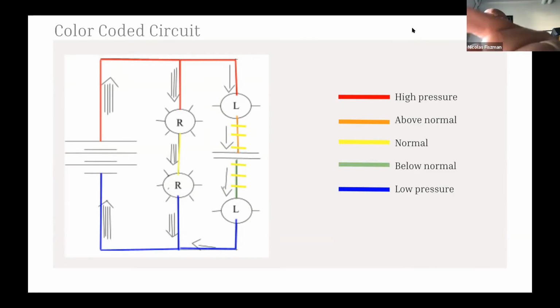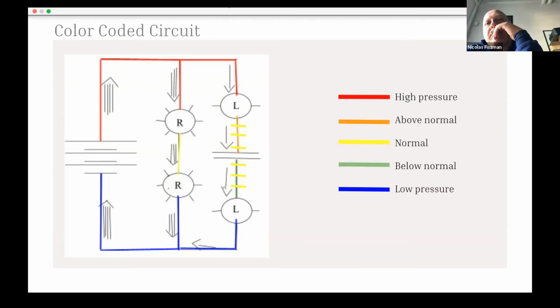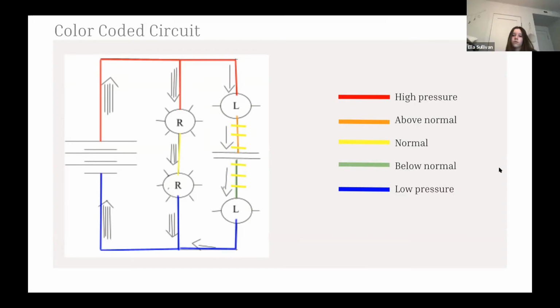I understand why there's yellow between the two round bulbs, right? And so when the long bulbs turn off, what would be the color of the wire just underneath the top long bulb?